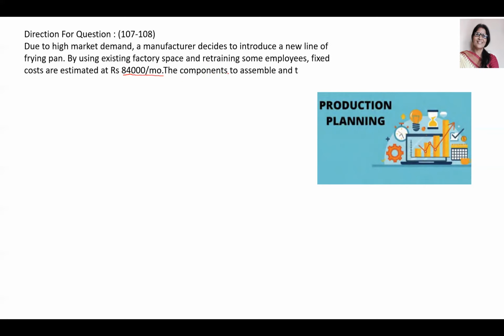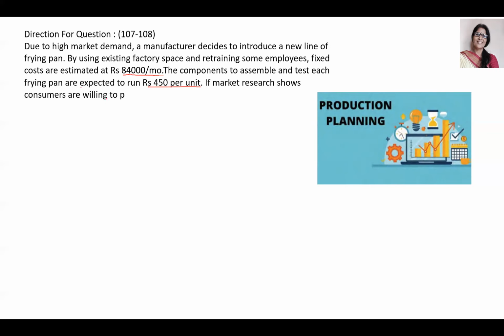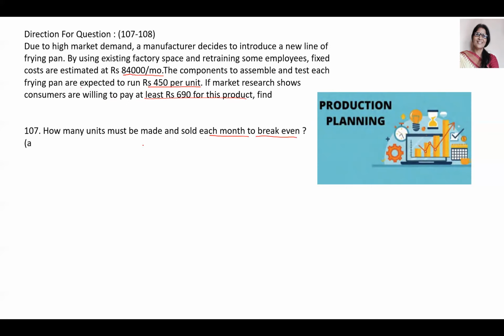The components to assemble and test each frying pan are expected to cost rupees 450 per unit. If market research shows consumers are willing to pay at least rupees 690 for this product, find: how many units must be made and sold each month to break even?